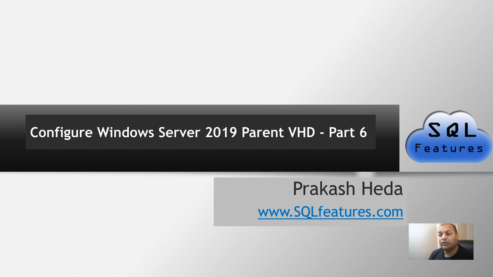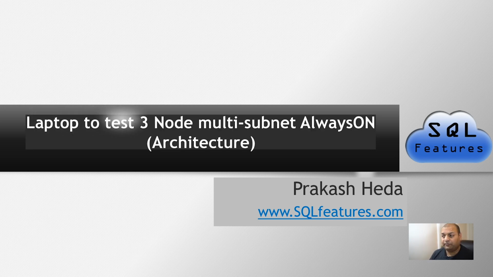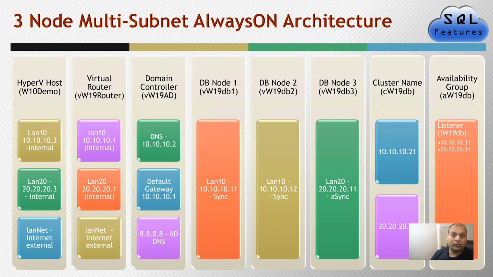Today we'll be doing a Windows Server 2019 parent virtual hard disk machine. This is part of a video series we are doing, where we are creating a single laptop to test a 3-node multi-subnet Always On cluster. The whole idea is that we want to create a virtual machine.